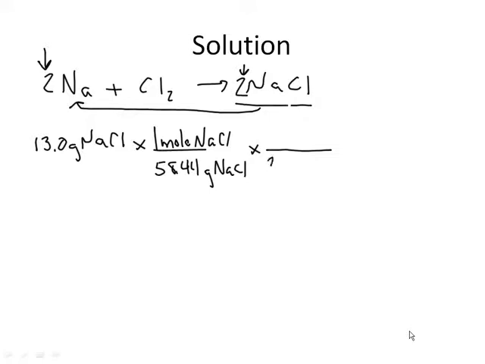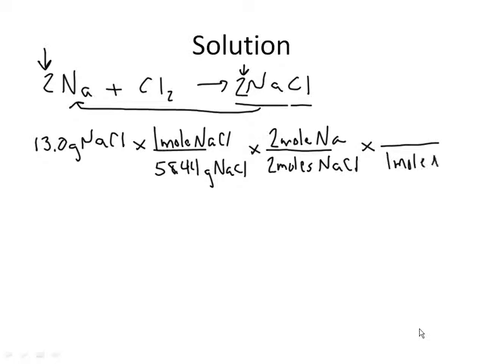So that tells me there are 2 moles NaCl to 2 moles Na. My last step was to convert to the desired unit, which was grams of Na. To do that, I used the molar mass of sodium by itself, which was 22.99 grams.